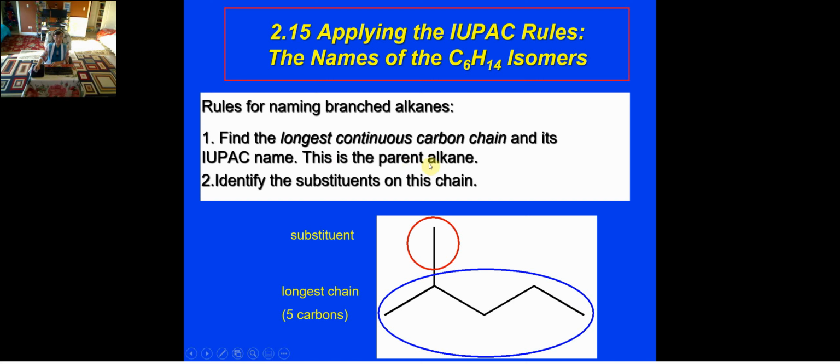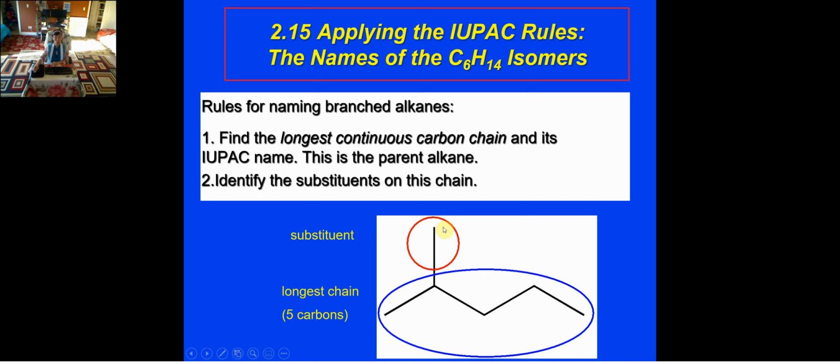So this parent will be your name for that related alkane. And then you are going to identify the substituents on the chain. For example, I have carbon 1, 2, 3, 4, 5. If you have 5 longest continuous carbon chain, you name it as pentane. In the second carbon, you have 1 substituent.